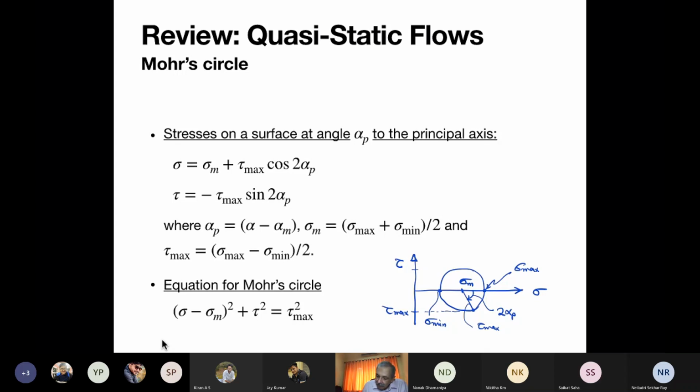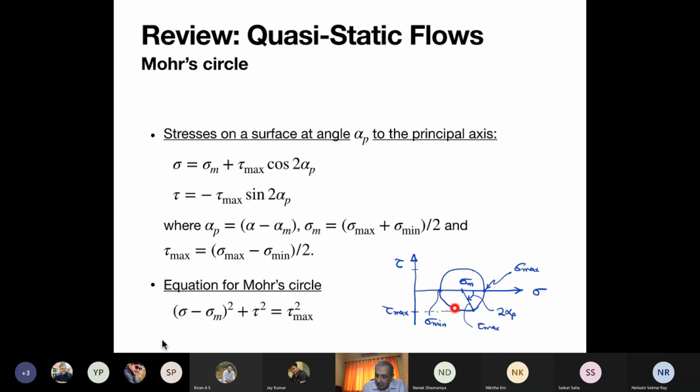So at any angle alpha p, when alpha p is 0, you have the maximum value of the normal stress, sigma max, and of course over here the shear stress is 0. And then as alpha increases, your normal stress decreases and shear stress increases until over here you have the maximum shear stress and a mean value of the normal stress.